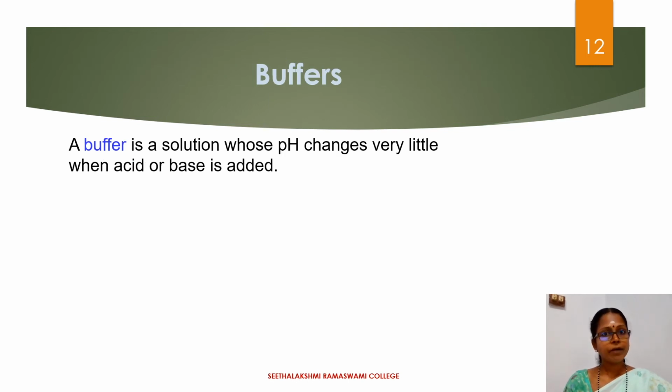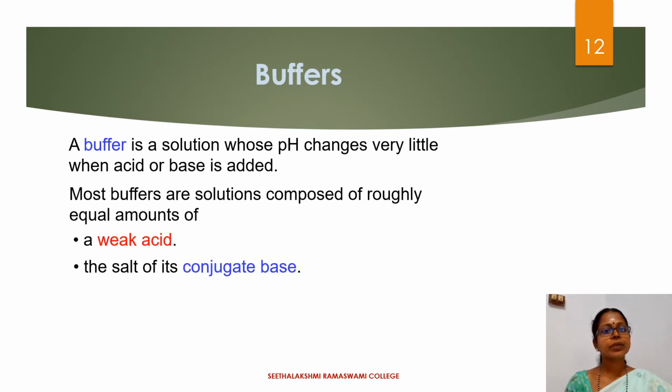Talking about buffers, a buffer is a solution whose pH changes very little when acid or base is added. Most buffers are solutions composed of roughly equal amounts of a weak acid and the salt of its conjugate base.